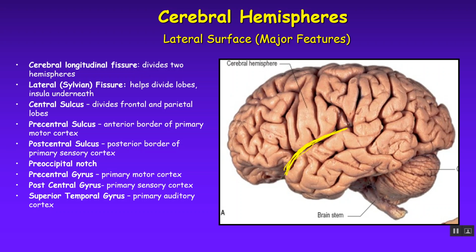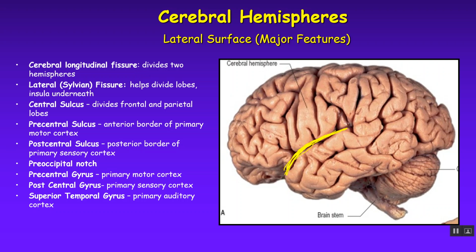And if you want to, stick your fingers in there and try to pull it a little bit apart, and you'd see, if you can see the insular lobe or a little glimpse of it in there, there might be some blood vessels in there. One of the blood vessels coming out of that is the middle cerebral artery. It actually comes out of that lateral sylvian fissure to go to the outside of your brain. So sometimes those blood vessels get in the way of seeing that insular lobe a little bit.